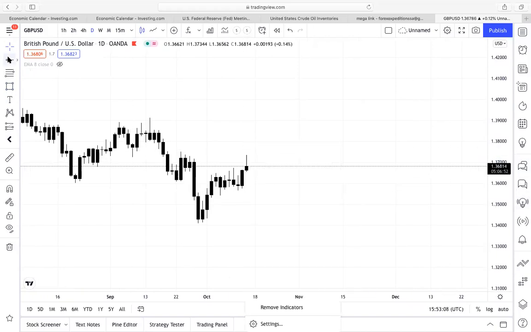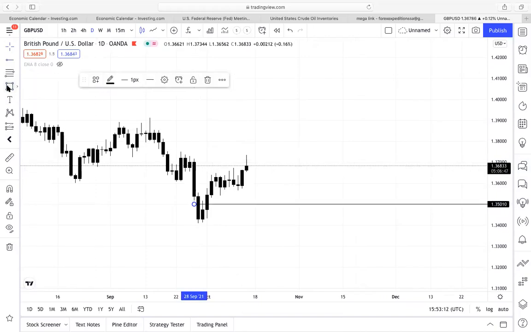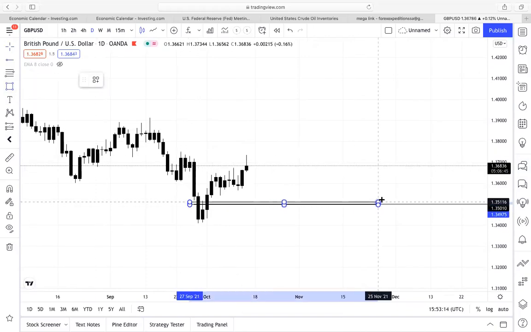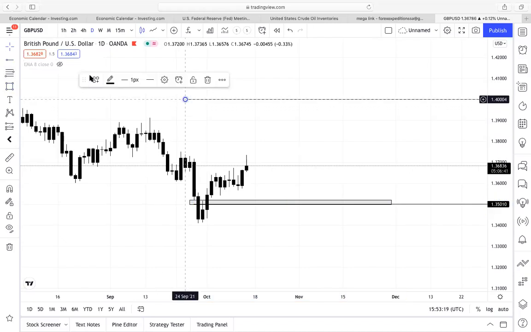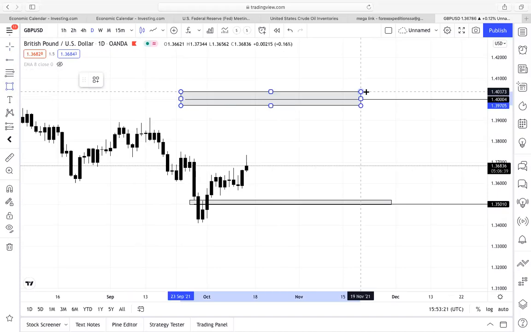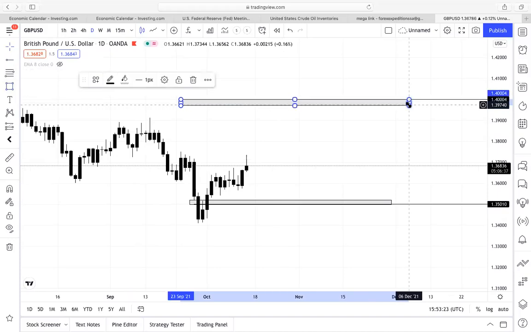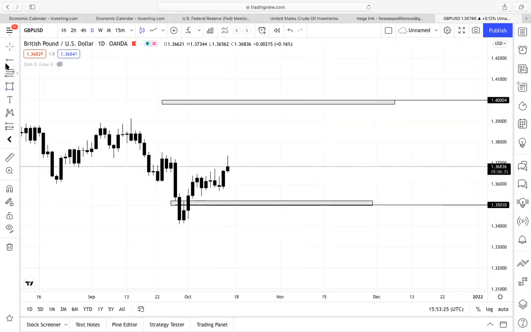So that means we're trading between 135 and 140. And the mid-level is 137,500.